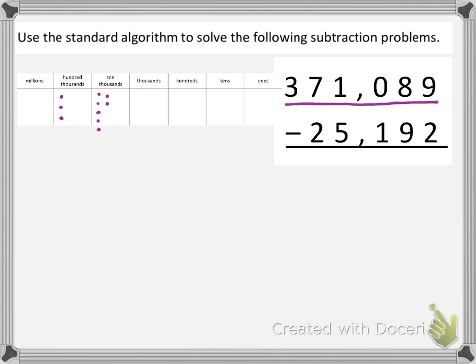That will help us better when we want to group our tens together so we can make 100,000s or 10,000s, and just help us regroup better. Then we have 1,000. We do not have any hundreds. We have 8 tens, so I'm going to make that 10 frame again. 1, 2, 3, 4, 5, 6, 7, 8. And we have 9 ones, and I'm going to make that 10 frame again. 1, 2, 3, 4, 5, 6, 7, 8, 9.